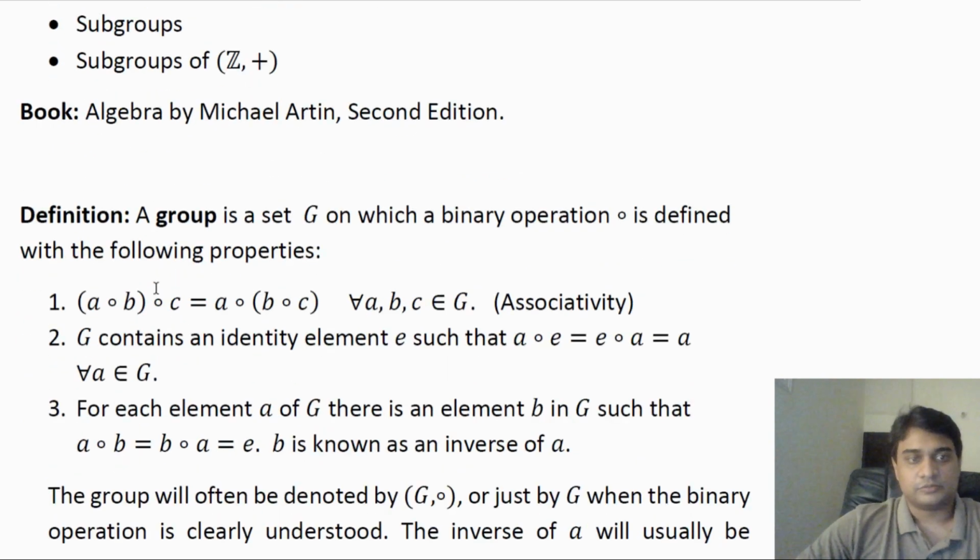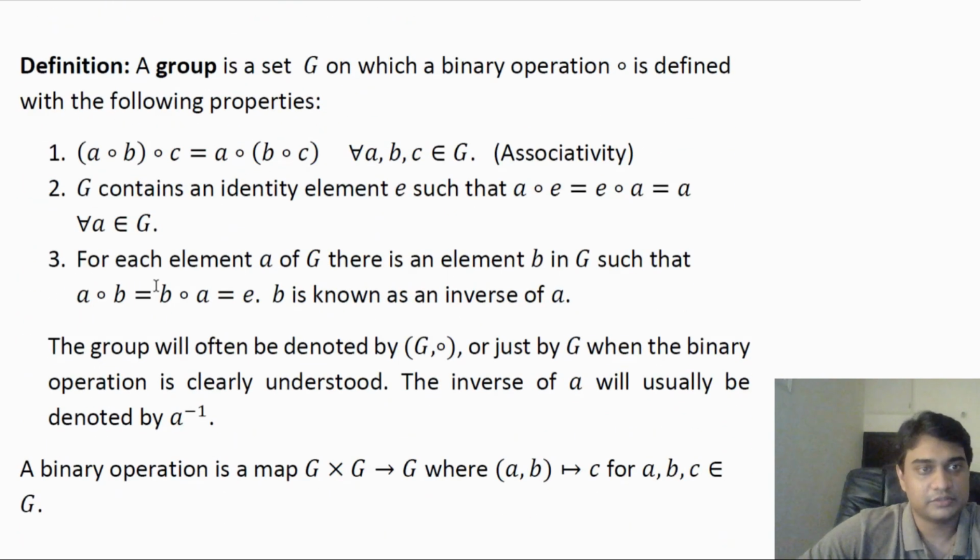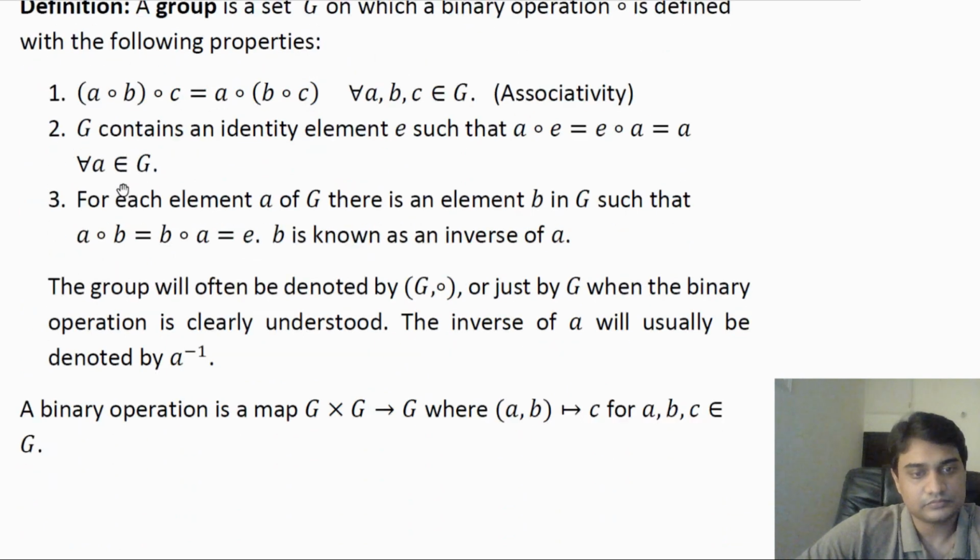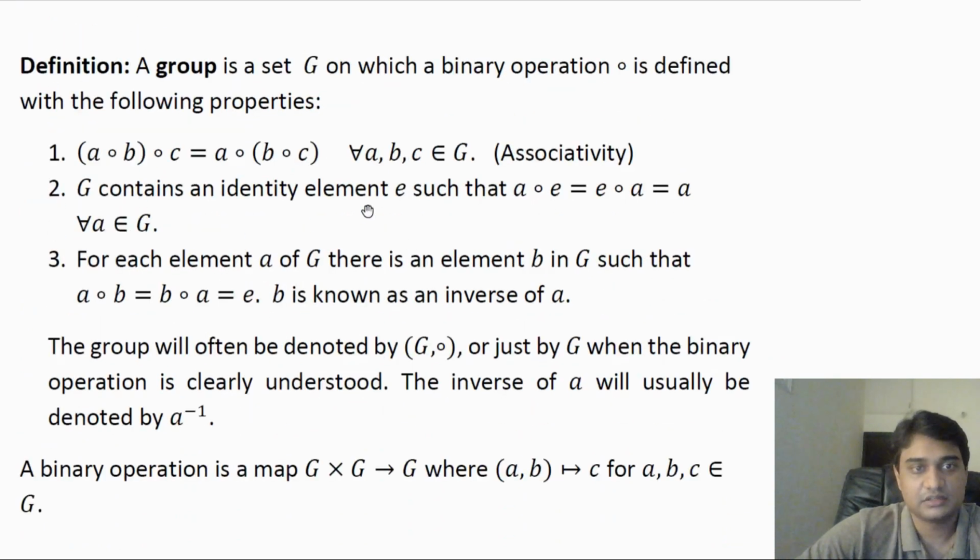Okay, so first of all, we begin with the definition of a group. A group is a set on which a binary operation is defined. So a binary operation is just an operation which assigns any two elements of the set G to a third element.